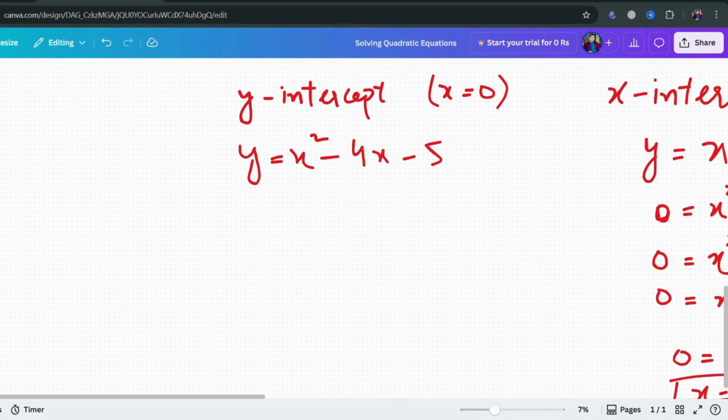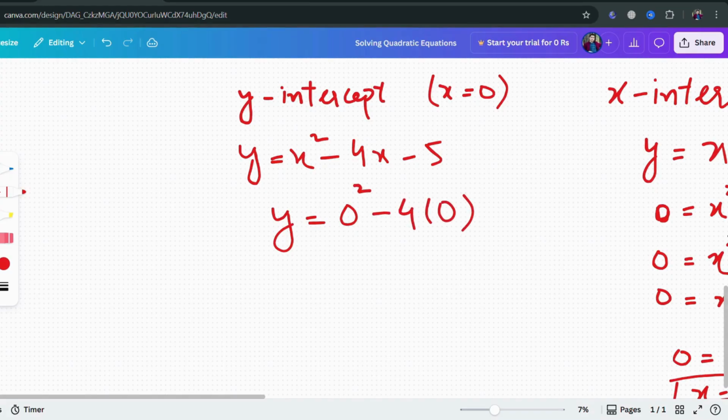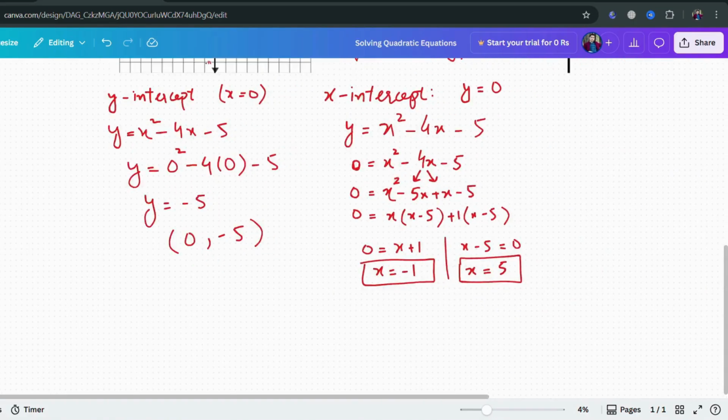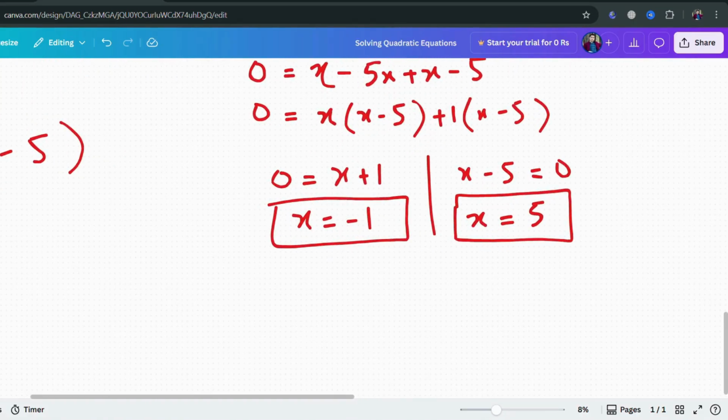Now let's put x equals 0 in it. y equals 0 squared minus 4 times 0 minus 5. So I got y equals negative 5. So the y-intercept that I've got is 0 and negative 5. And from this part, I can write down the x-intercepts, which are negative 1, 0 and 5, 0. So these are the x-intercepts that I've got.